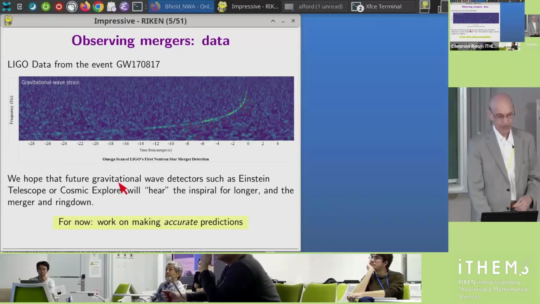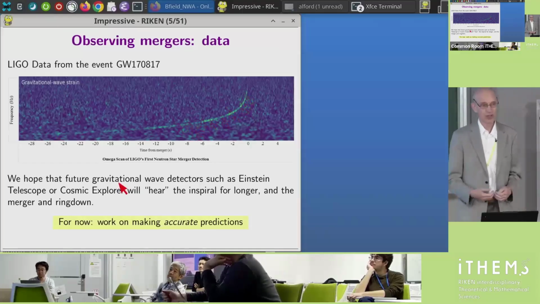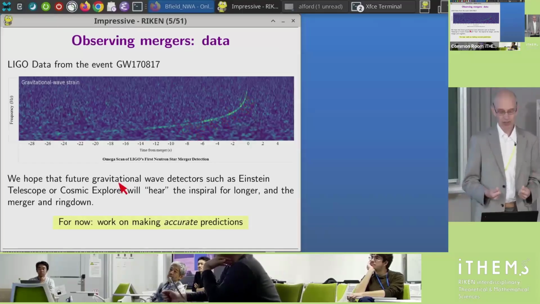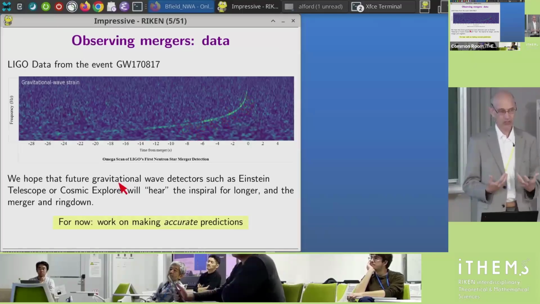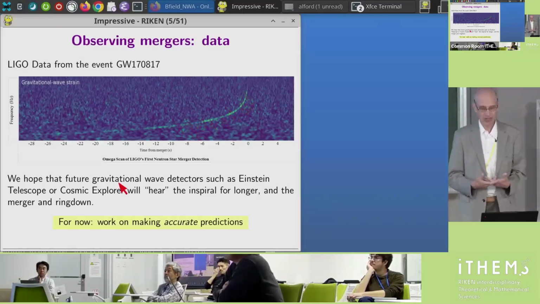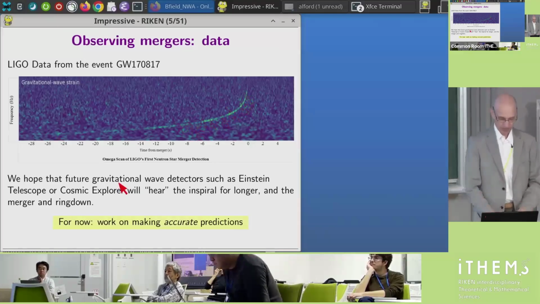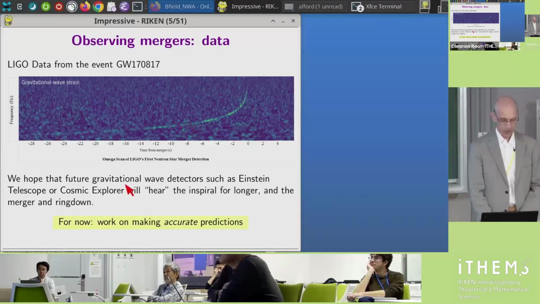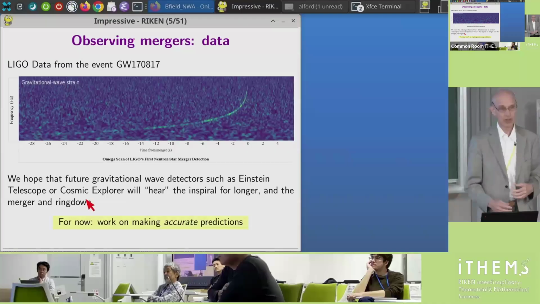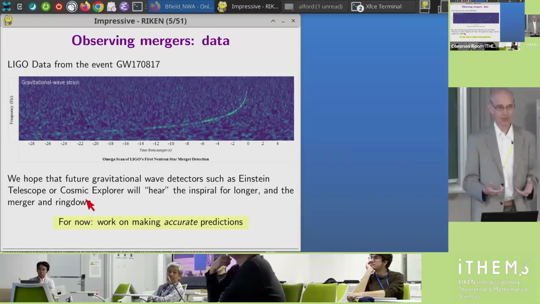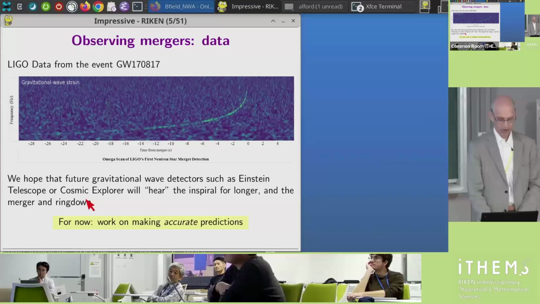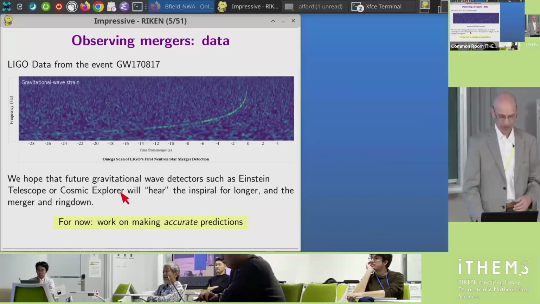The simulation people are doing their simulations of mergers, and we as microscopic physicists are trying to give them the relevant properties of the matter to include in their simulations, in the hope that future detectors, like the Einstein Telescope or Cosmic Explorer, will hear more of the in-spiral and will get the merger and the ring down, and that we may be able to use that data to tell us something about what forms of matter there are in neutron stars, and whether there are some interesting phases like we saw in the conjectured quark matter phase diagram.